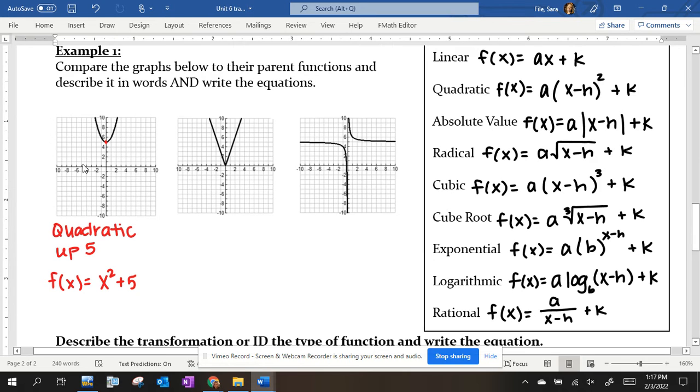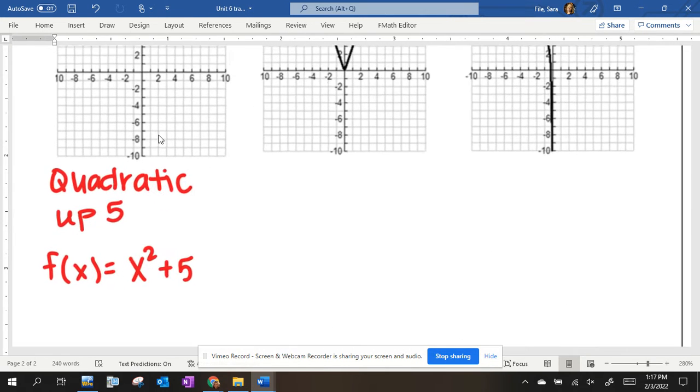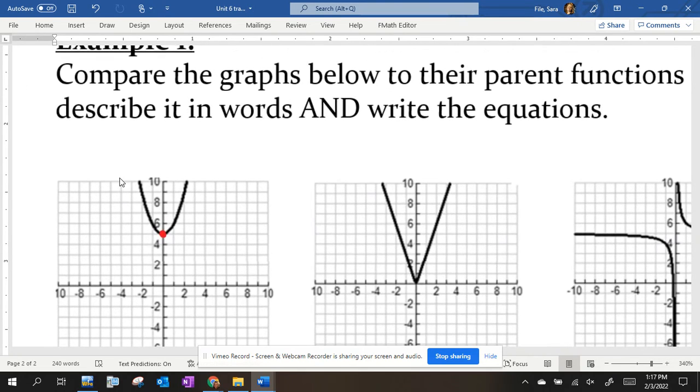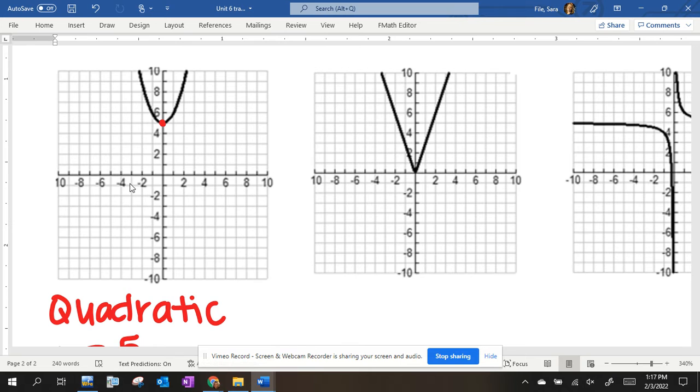Now, y'all were quick to say it hadn't been stretched because it doesn't look like it, but how would you actually check? How do you know if it's been stretched or not? I'm going to zoom in on that graph. If you think about the parent function, from the origin, the vertex of the parent function, the next point is over 1, up 1, right?